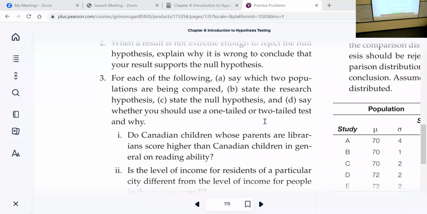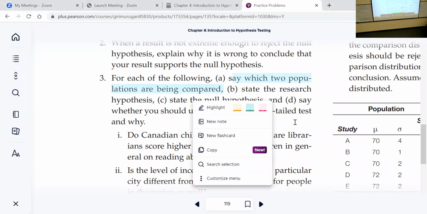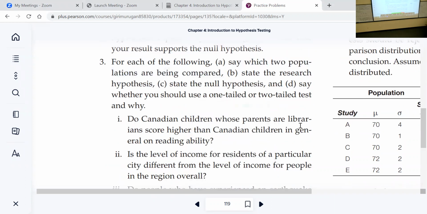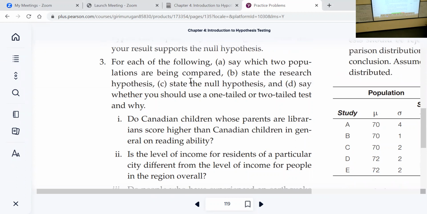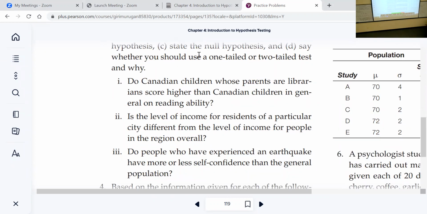So we have to identify 2 populations that are being compared. The example that I started with in class when we started chapter 4 had 1 population. Very similar to the previous example, we want a research hypothesis corresponding to the statement. Once we identify that, then we can get the null and we can identify whether it's one-tailed or two-tailed.